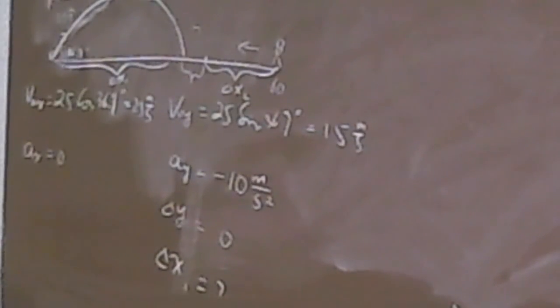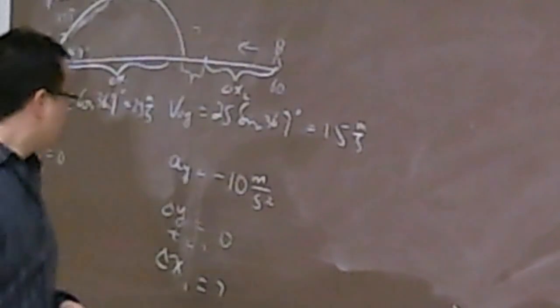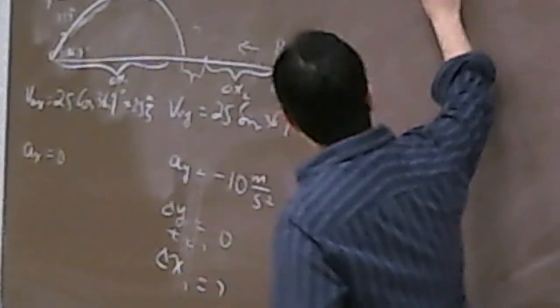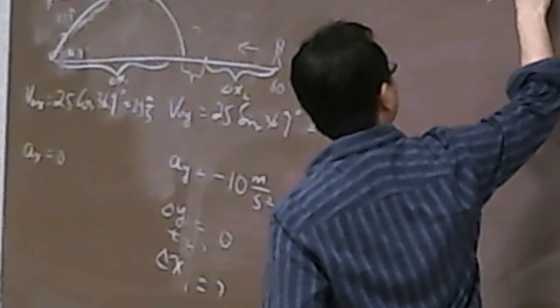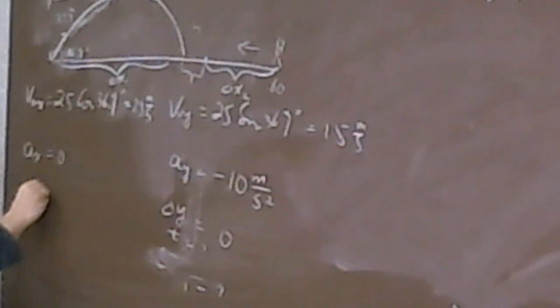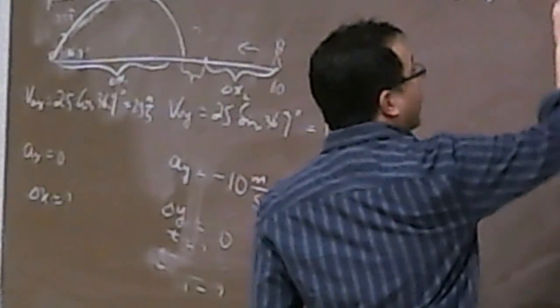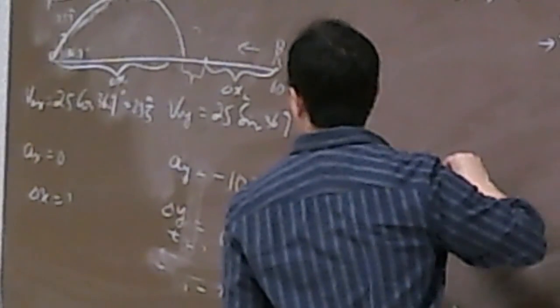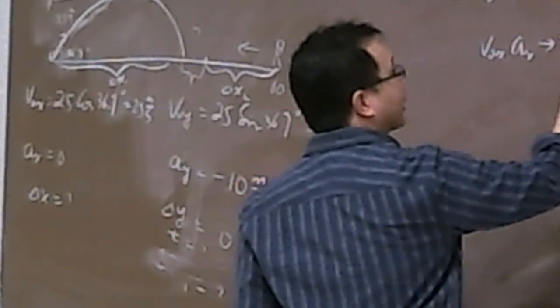Okay. So if you want to calculate delta x, you need to first calculate the time. So you first use v naught y, ay, and delta y to calculate the time t, and then with t, combined with v naught x and ax, you can calculate delta x.